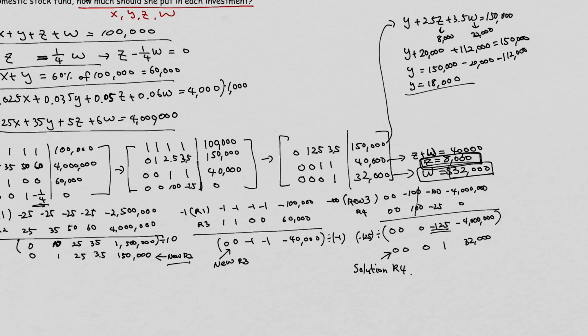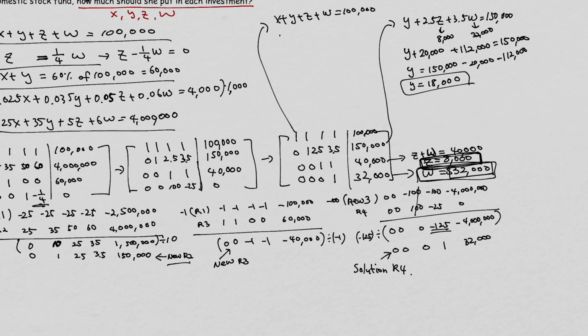So now you have the Y value. W, Z, Y, and now you only need to find X. Your X comes from the first equation. This is the same as having X plus Y plus Z plus W equals 100,000.